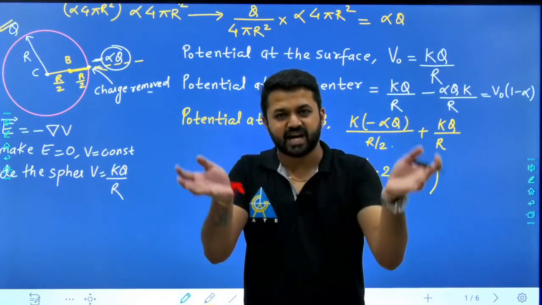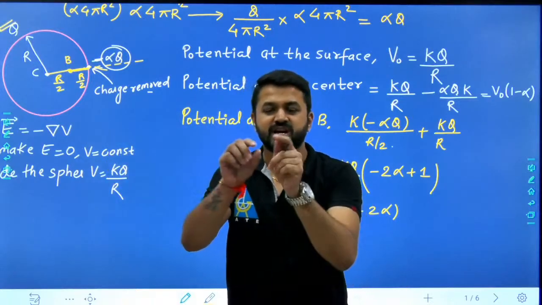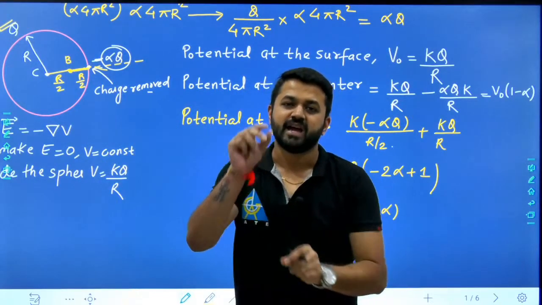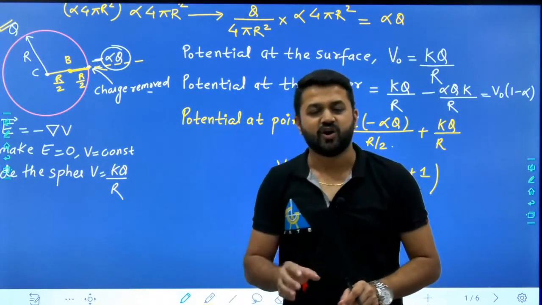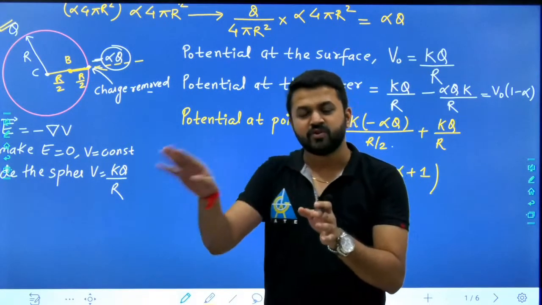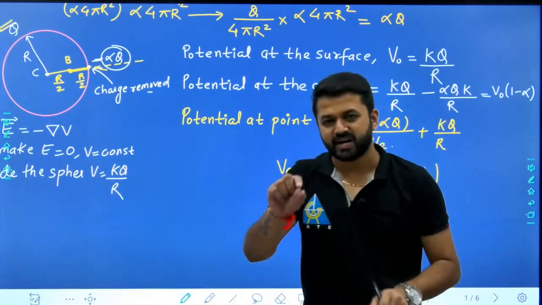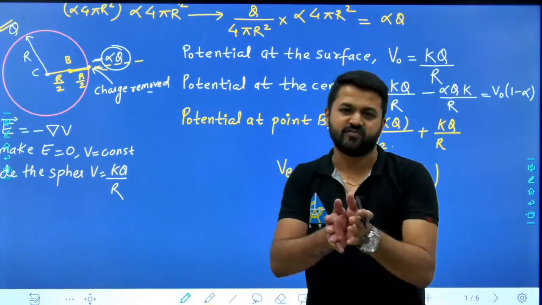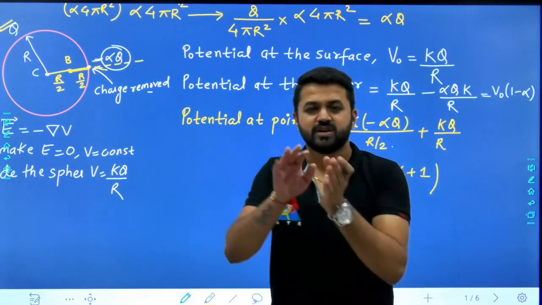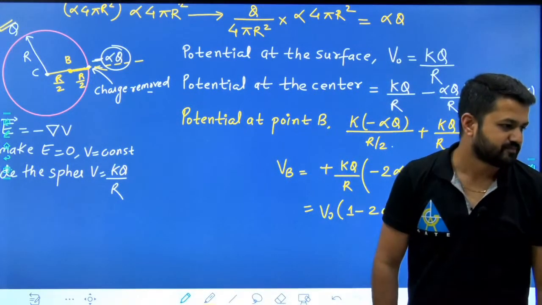The total charge was q, and the charge that has been removed is represented by minus alpha q. So we have subtracted minus alpha q out of the total charge q.